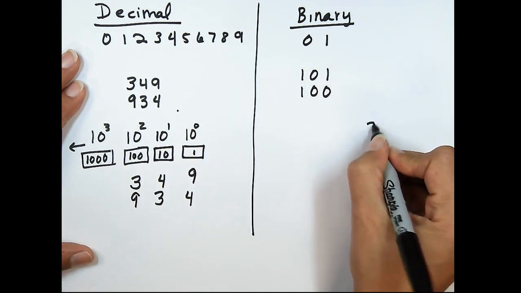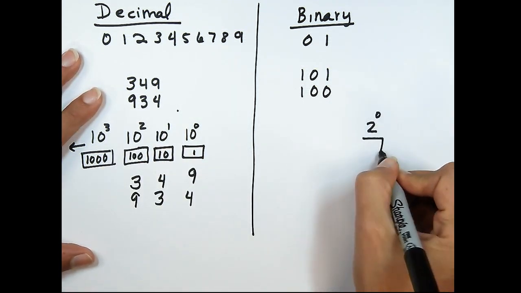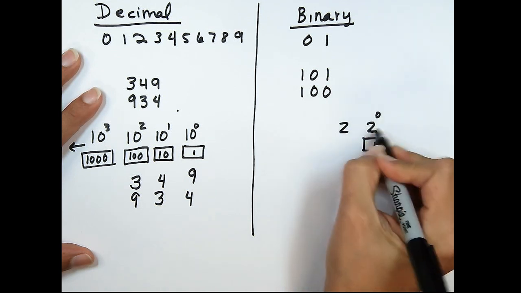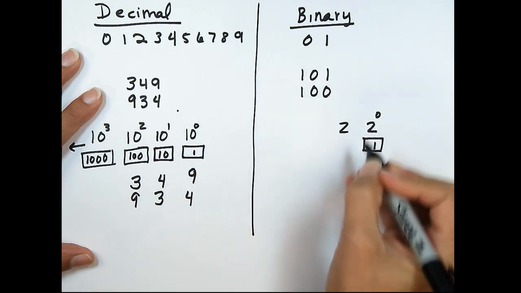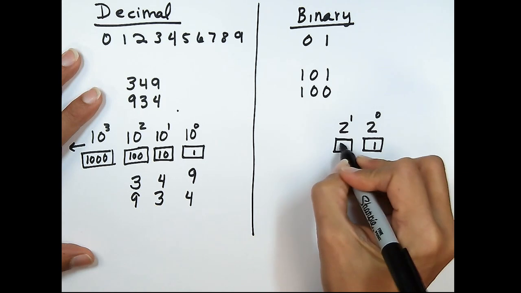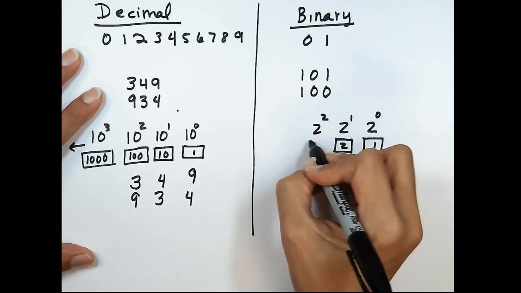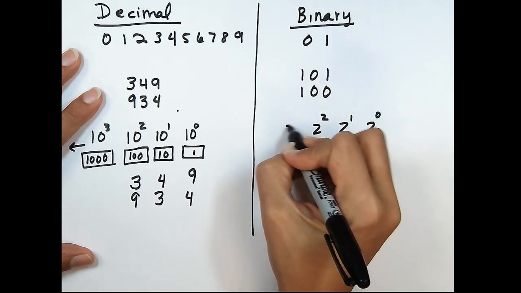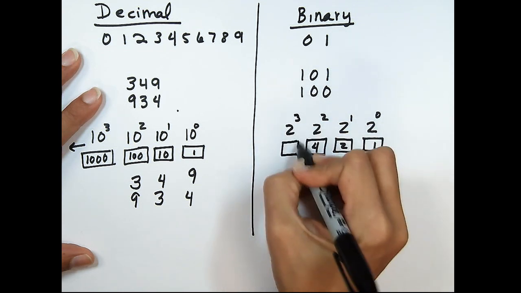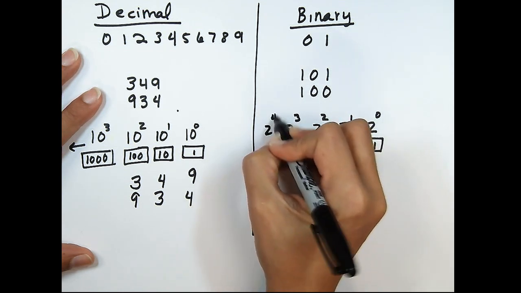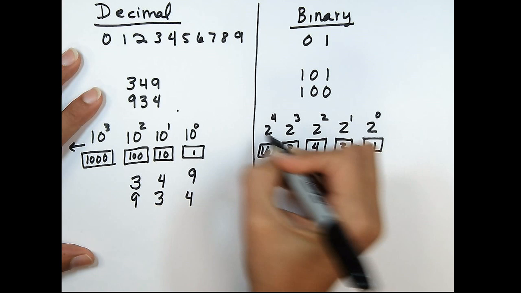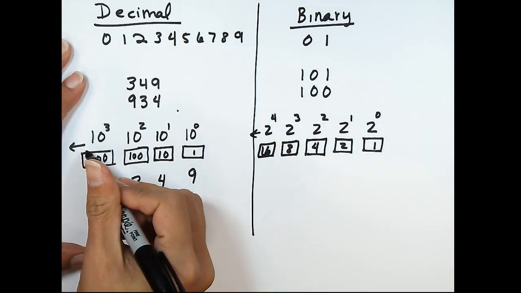In binary, we only have 2 characters. 2 to the 0 gives me my ones place, because any number to the 0 power is 1. 2 to the 1 is 2. 2 squared, or to the second power, is 4. 2 cubed is 8. 2 to the 4th is 16. And it goes on to infinity, just like in base 10.